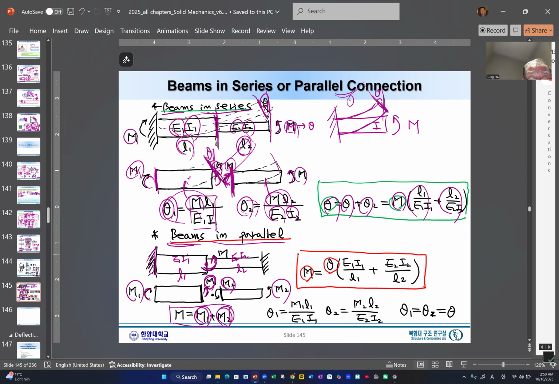We don't know yet, but what we know is that this guy will rotate. Okay, let's imagine this will rotate like this, and this guy will rotate like this, right?